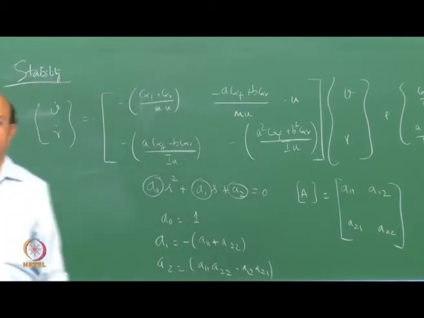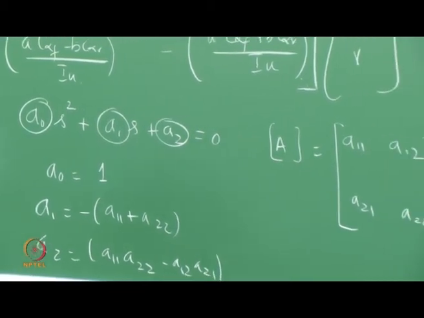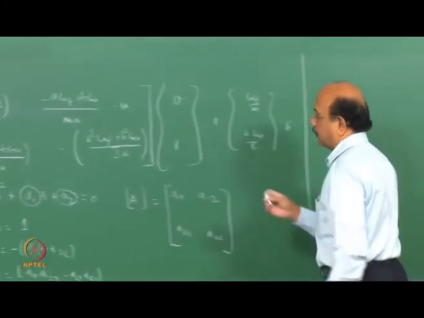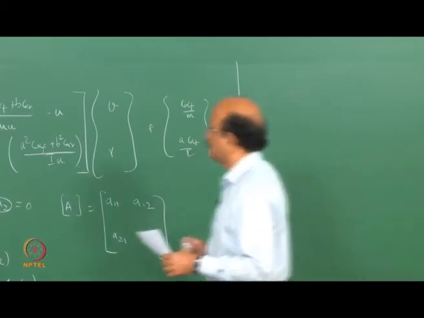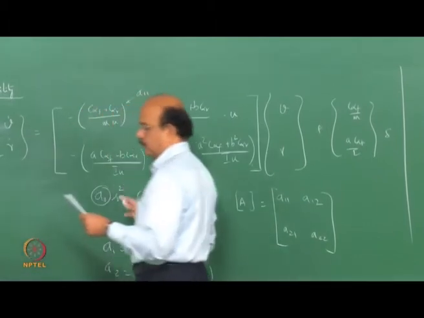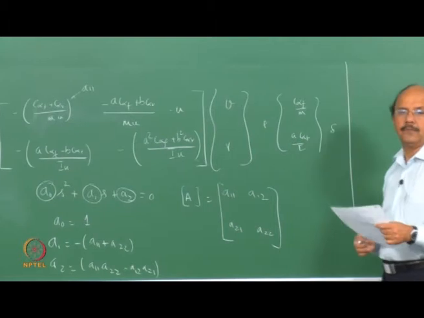So that is where it actually boils down to. Now from here we will take off. A11 is my first term, so that is this term, and so on, A12, A21, A22.